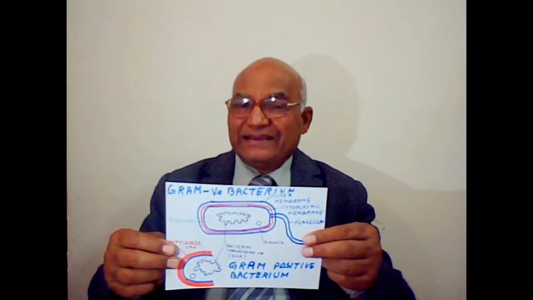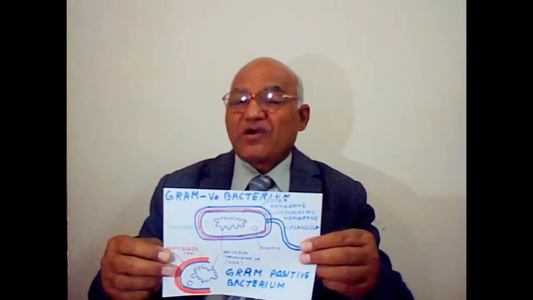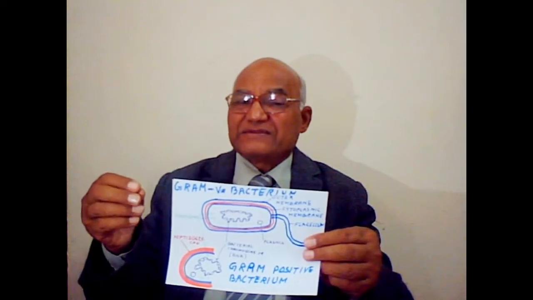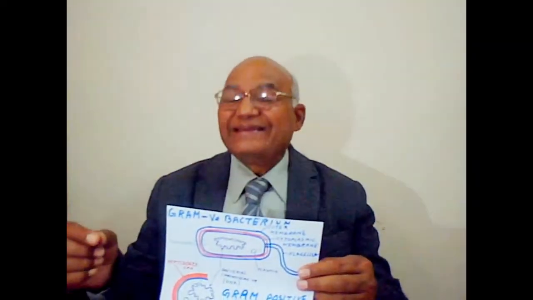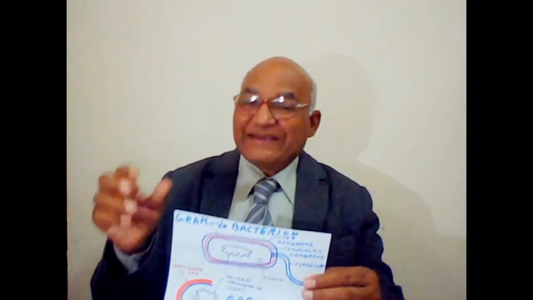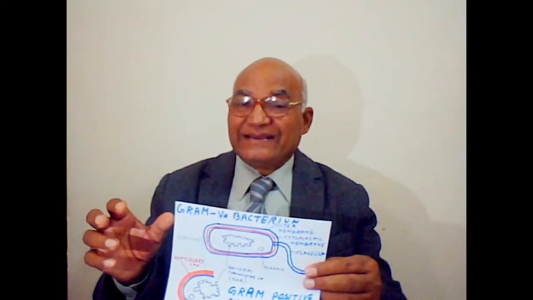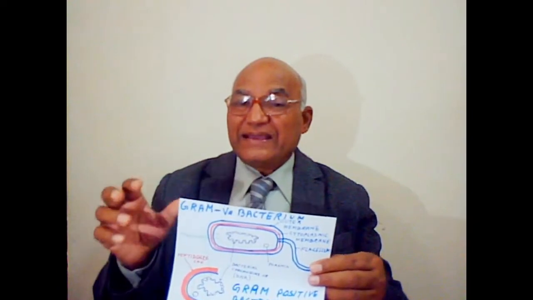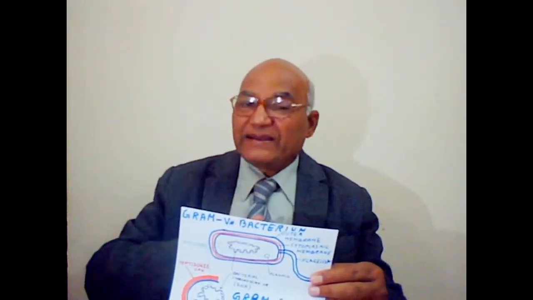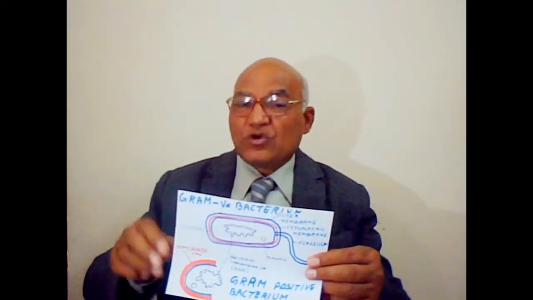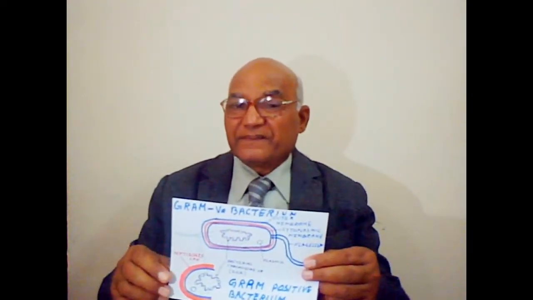Peptidoglycan in turn is made up of chemical substances N-acetylglucosamine and N-acetylmuramic acid, arranged in a diagonal manner, and some peptide bridges are also there.